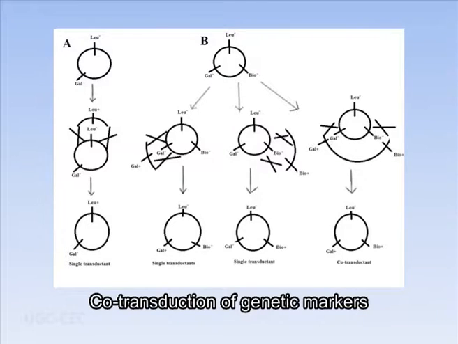If more than one genetic marker is present in the same transducing particle, it increases the chances of transduction of both markers into the same recipient cell. This is co-transduction.